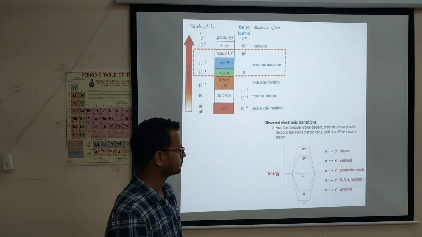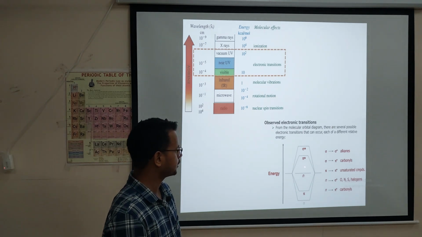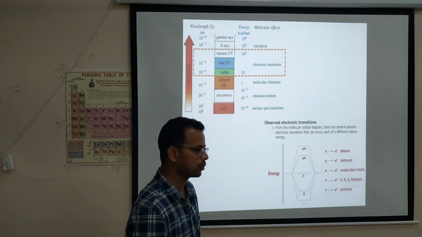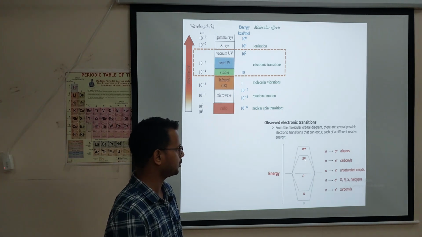N to sigma star transition will also occur. And if the compound contains carbonyl groups, C double bond O, in that case n to pi star transition will occur.